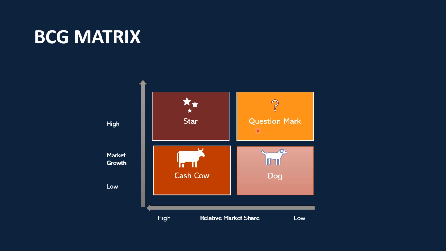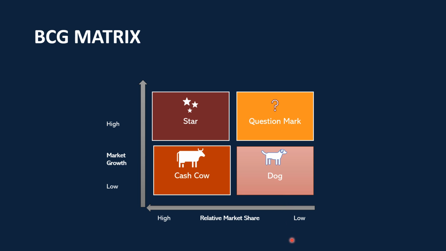Question marks have a relatively low market share in a high growth market. So there is a possibility of them becoming a star product because there is enough potential in the market. But it may require heavy investment. So the strategy that the company could take would be pertaining to either invest further in this business or to divest.